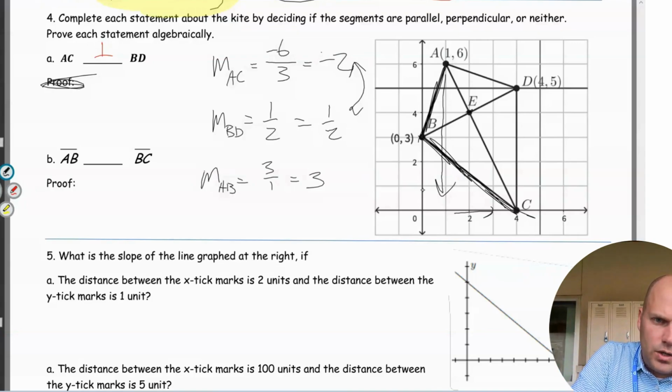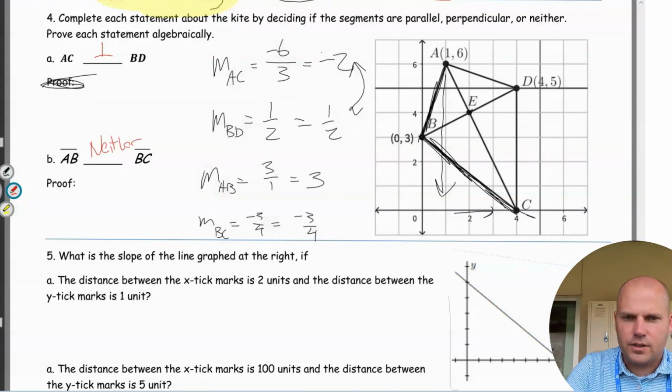This is down 1, 2, 3 over 1, 2, 3, 4. So the slope of BC is down 3 over 4. Are these opposite reciprocals of each other? No. Are they the same as each other? No. We'd say it's a neither. It's not parallel, it's not perpendicular.